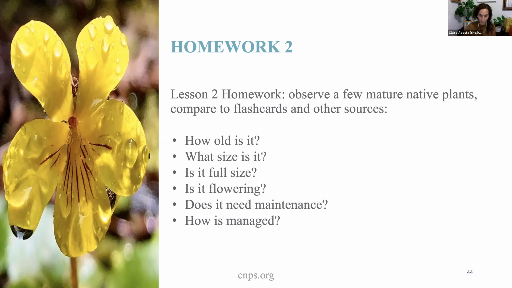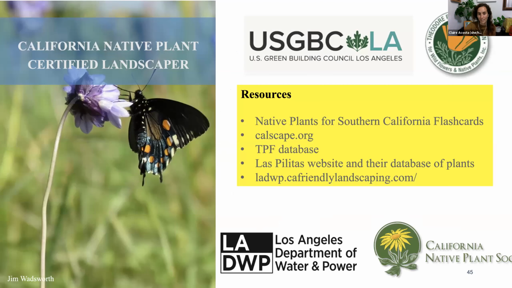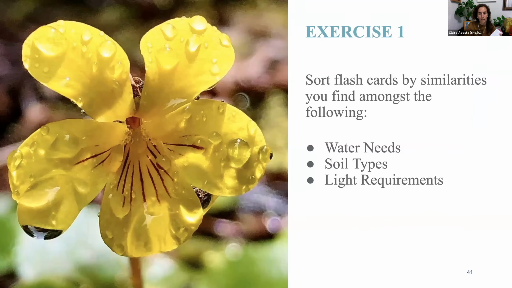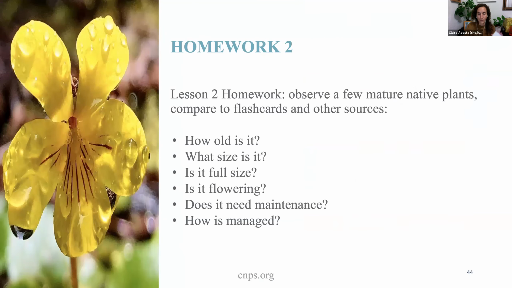So, Calscape, the Theodore Payne Foundation database, and the Las Pilitas website can be really helpful too, another nursery with a lot of information. And then LADWP also has their California friendly landscaping, which isn't just natives.